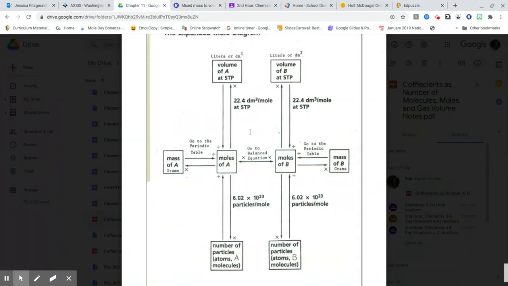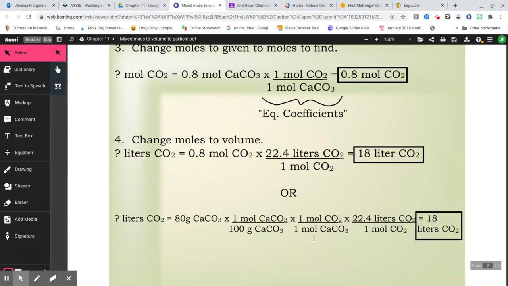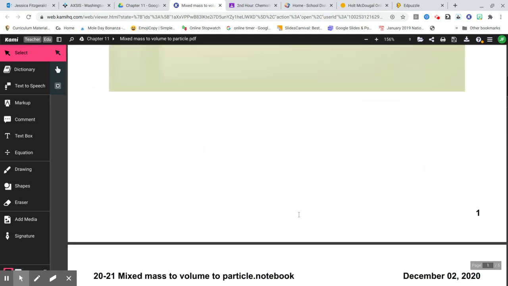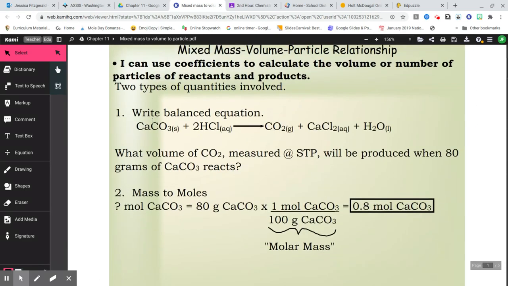Now we're going to go moles of A to moles of B. So moles of calcium carbonate will go in the bottom, so they cancel out, and moles of CO2 will go in the top. Remember, the 1 mole of calcium carbonate is right here because they are the same substance. This middle step here, your moles may be a different number other than 1. It depends on what your balanced equation is showing. So again, they're showing 1 and 1.